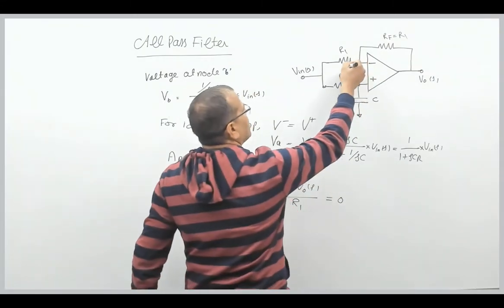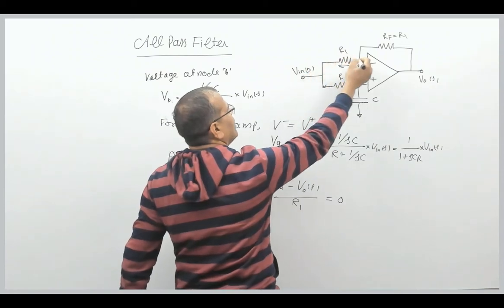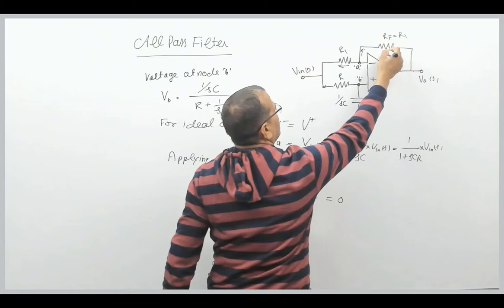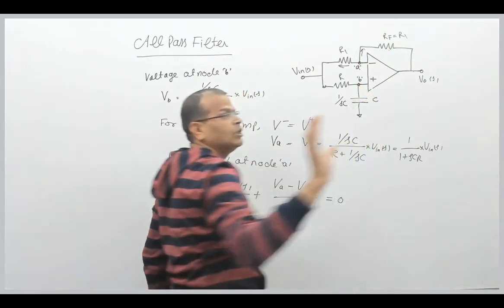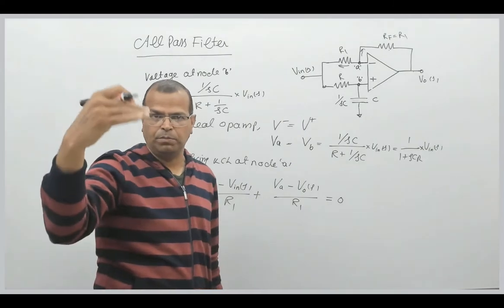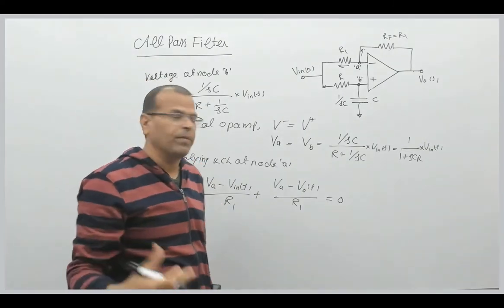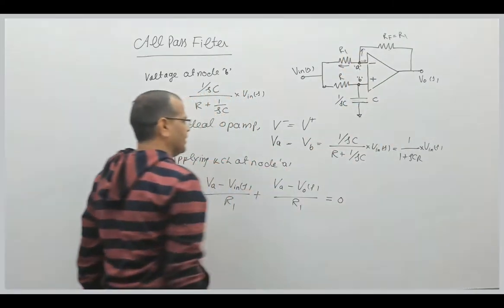Remember, the current in this side of the circuit is VA minus V in by R1, and the current on this side is VA minus V naught by R1. The current entering the inverting and non-inverting terminals is 0. That is, the biasing current of the op-amp is 0 for an ideal op-amp, right? So that's why we have not considered this component of current here.